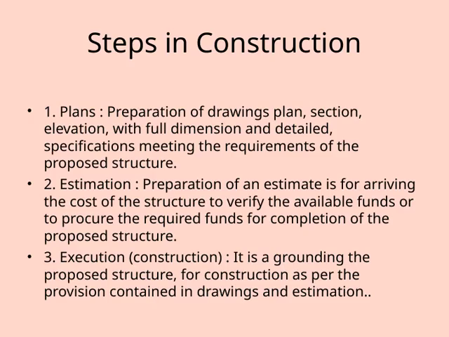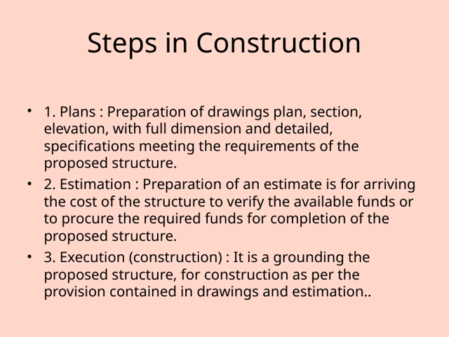Let's take a closer look at the key steps involved in construction. First, we have the planning phase. This involves preparing detailed drawings, including plans, sections, and elevations. These drawings need to include full dimensions and specifications that meet the requirements of the proposed structure. Think of this as creating a clear blueprint that guides the entire project.